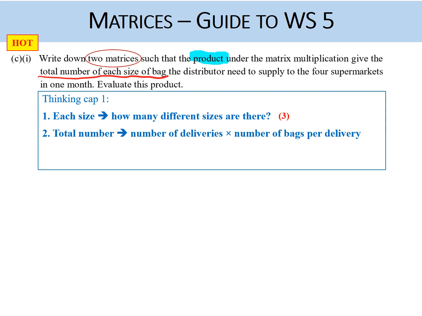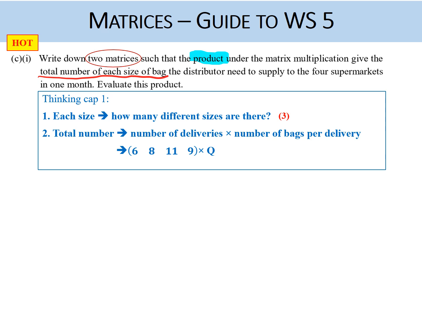The answer is no. By checking the order, you will realize that I will need to rewrite the number of deliveries as a row matrix. And this is simply because of matrix Q, because Q gave us the number of bags per delivery.